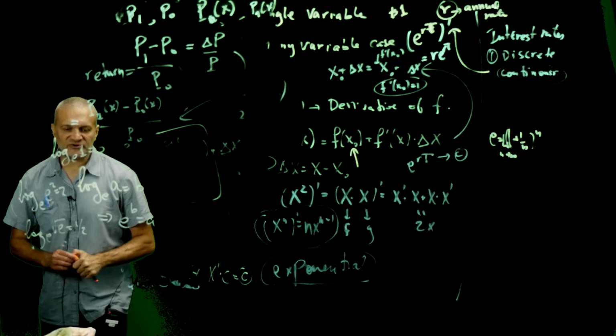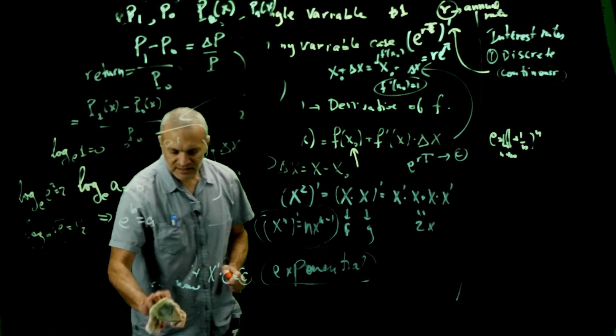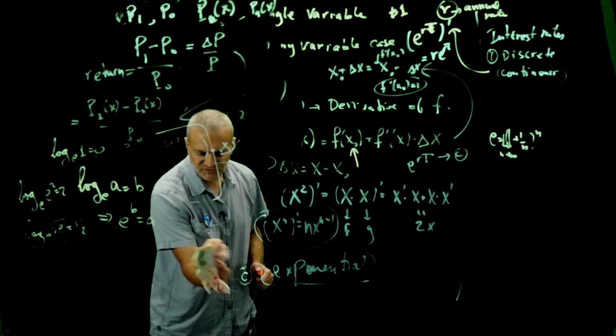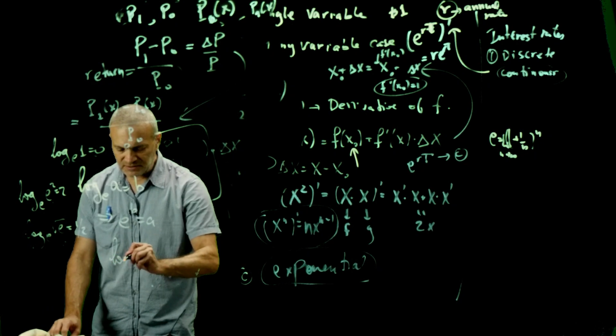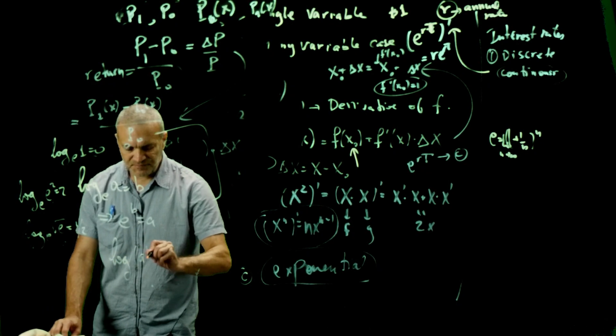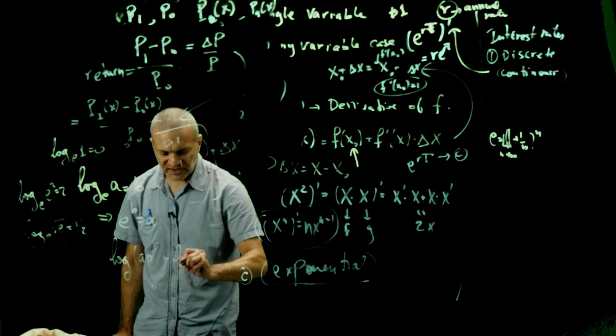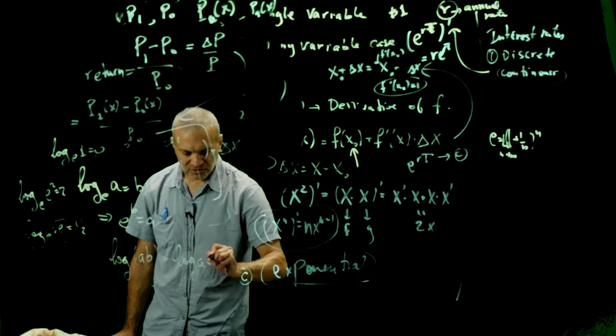Log is a very important function, and it has many wonderful properties, but the following property is very important: the log of A times B equals log of A plus log of B.